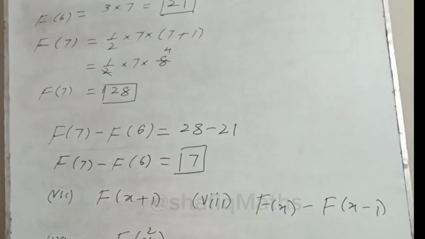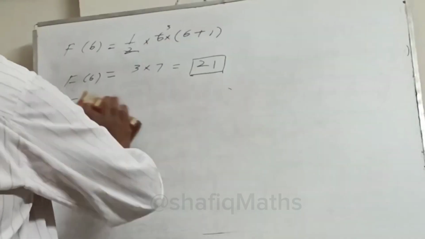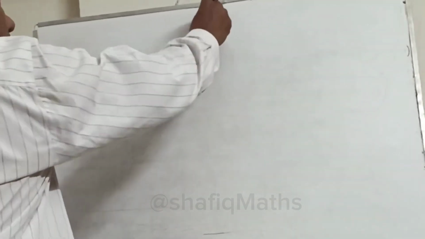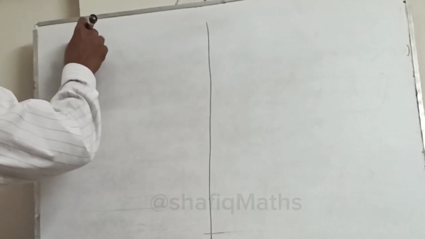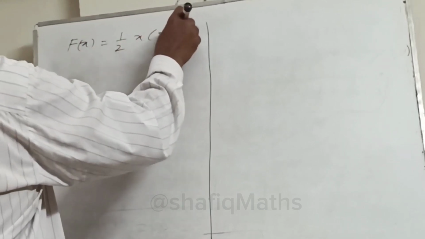Now we are coming to the seventh part of the question, that is f(x plus 1). As you know, f(x) equals 1 upon 2 x into x plus 1.